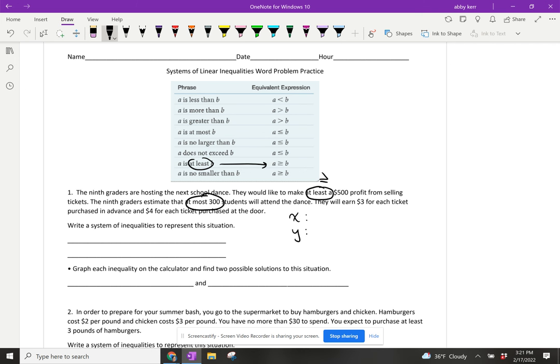And then at most 300 tickets. So they're going to earn $3 for advance tickets and $4 at the door. So these are going to be our advance tickets. And then these will be our door tickets.